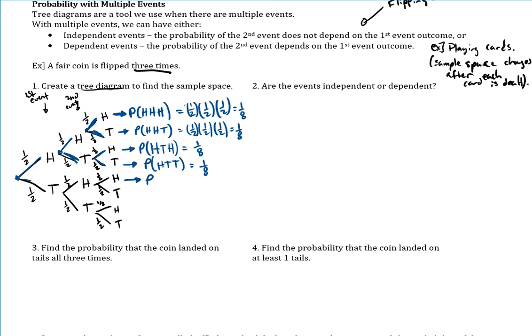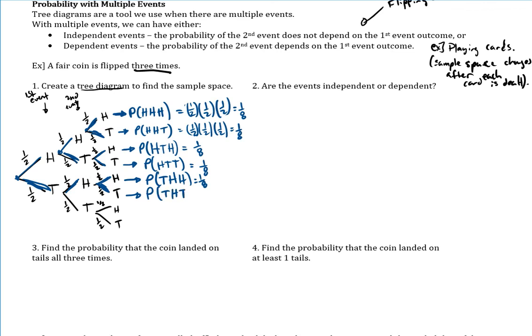And then let's get these other ones. Okay, so now I'm following the tails branch down first, up the heads branch, up the heads branch. So that's tails, heads, heads, which is also, when we multiply all the probabilities, 1/8. And then we've got 3 more. That would be following the tails branch down, following the heads up, and then down the tails.